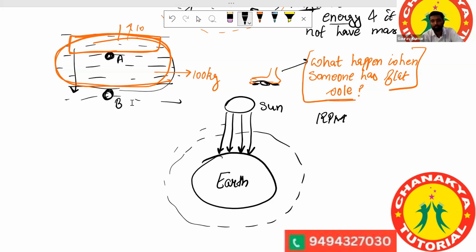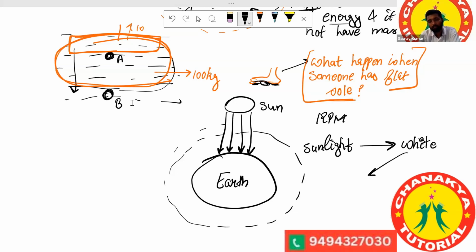First tell me, as I have asked earlier, that sunlight is of white color. Everyone answered it correctly.